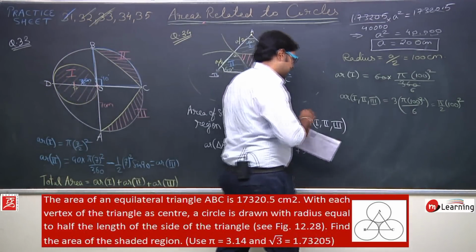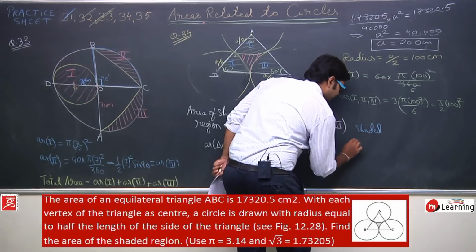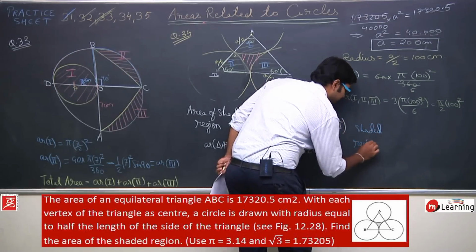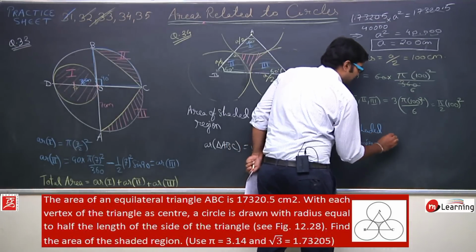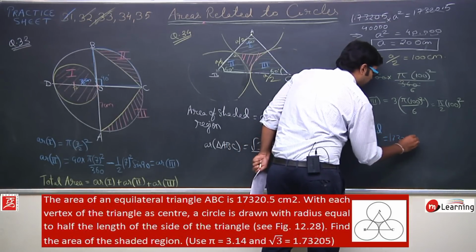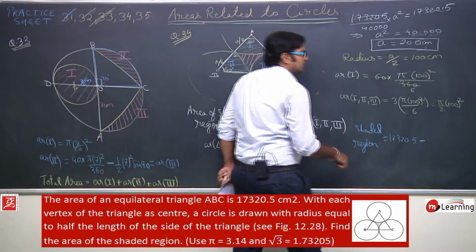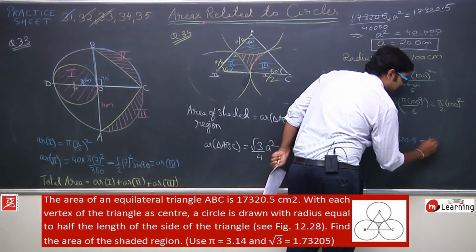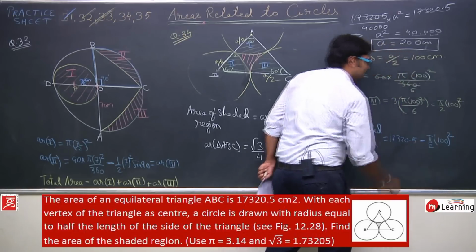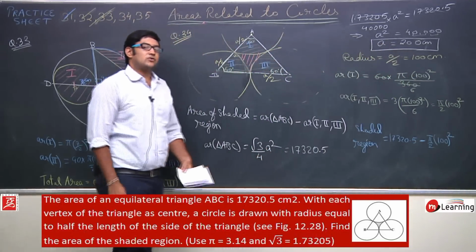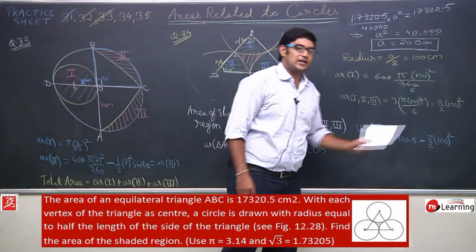Area of shaded region is equal to area of triangle, that is 17320.5, minus area of regions 1, 2 and 3. The sum of the areas of regions 1, 2 and 3 is pi by 2 into 100 square. So you just need to solve this value to calculate the final area.